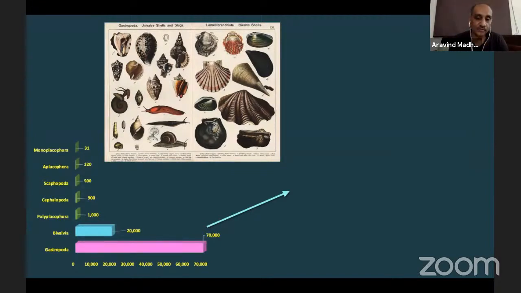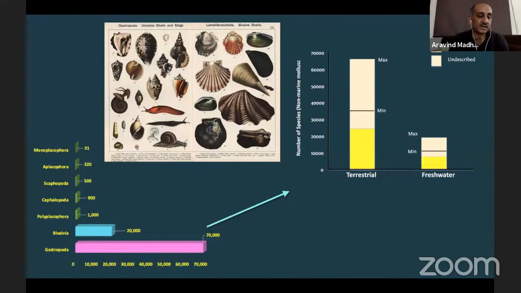Almost all of them are found in the marine environment, but the terrestrial is represented only by Gastropoda. Gastropoda means the foot on its stomach, because gastro means stomach and poda means foot. During the developmental stage, the embryo undergoes torsion, or a twisting, thus bringing the lower part into the anterior part. It is a very high developmental biology research aspect.